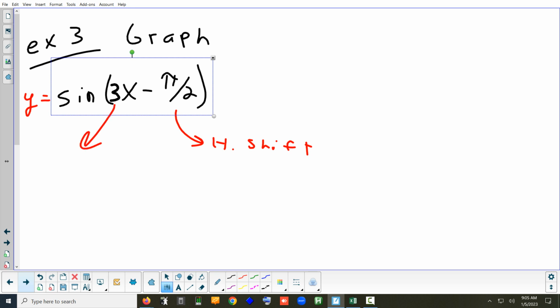And we have a period change, which is a horizontal stretch or compression, one of the two. Both of these transformations are going to affect the x values. So the order is important. The y's are going to stay the same in this problem. Nothing happens to the y's at all.